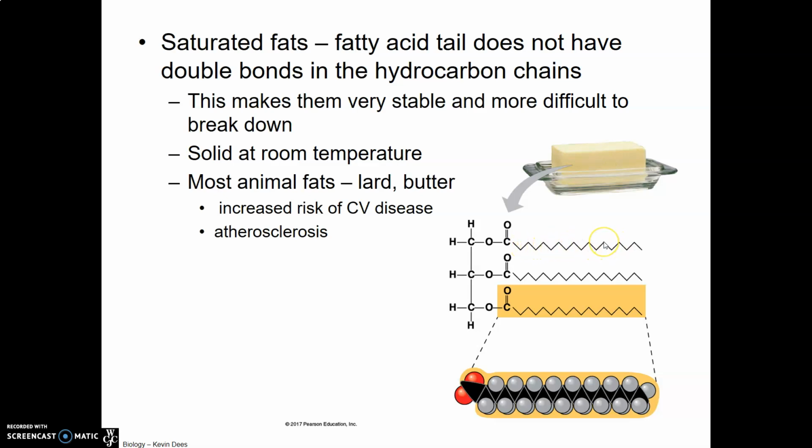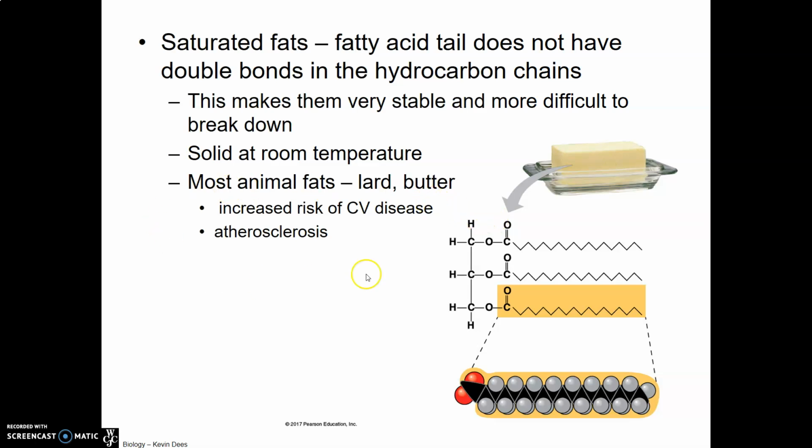Remember that carbon forms 4 covalent bonds, and there's no double bonds joining carbon to carbon atoms. So that makes these hydrocarbon chains, these fatty acid tails, very linear, very straight, and very stable. Their stability makes them more difficult to break down, and so these are things that are solid at room temperatures, so things like most animal fats, like lard and butter.